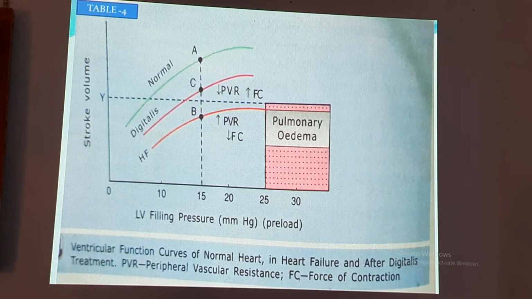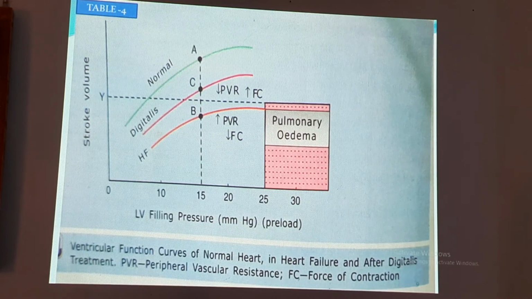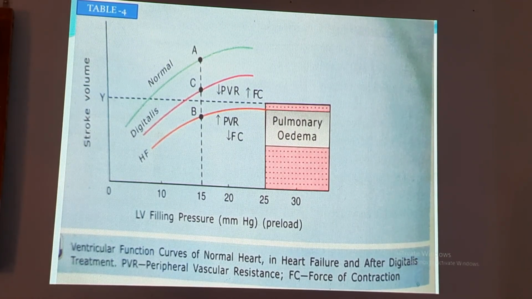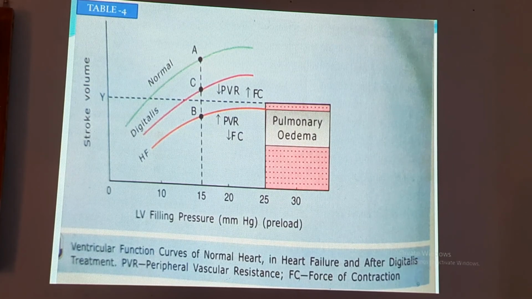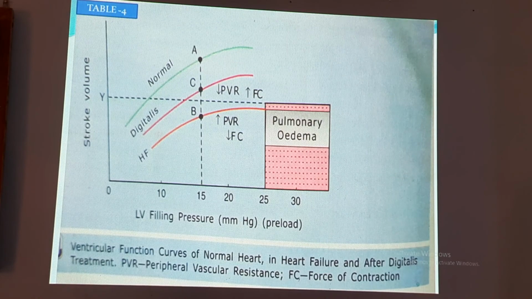Now look at this table showing normal left ventricular filling pressures and stroke volume. Both have been shown in this diagram.